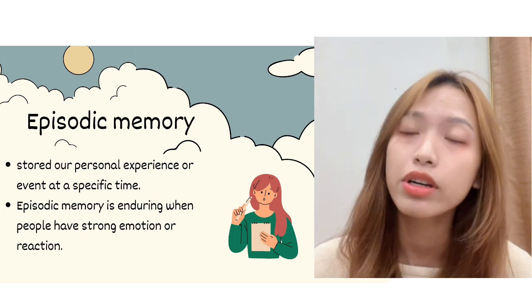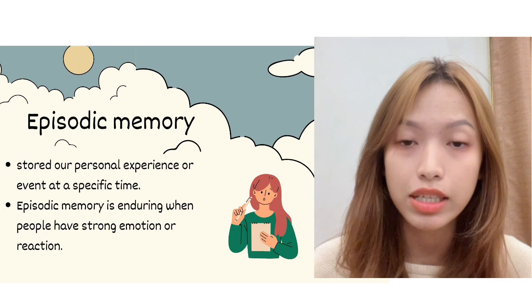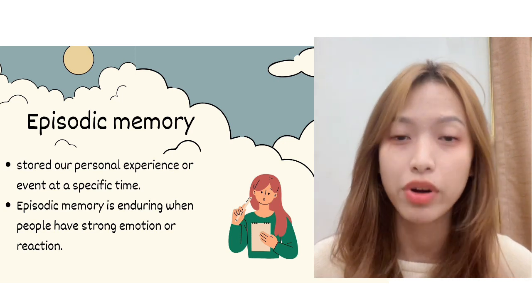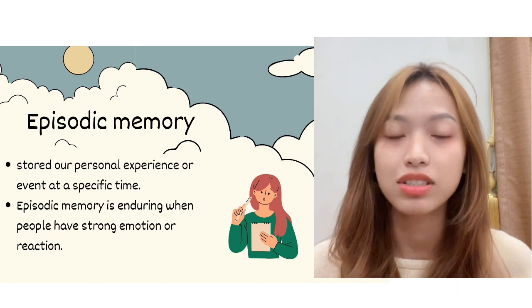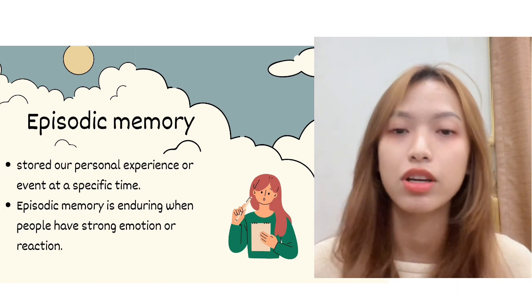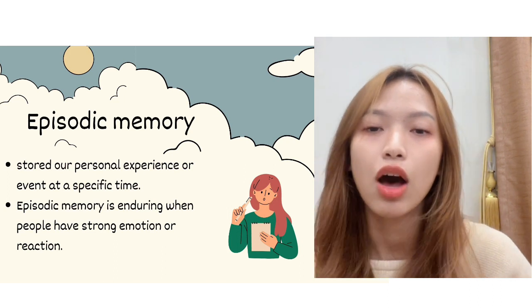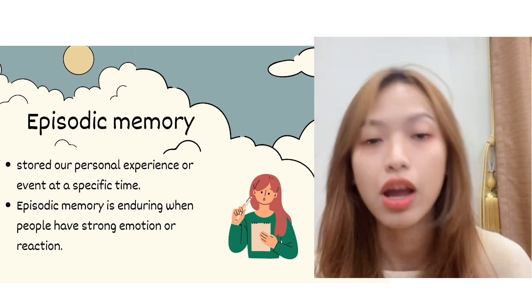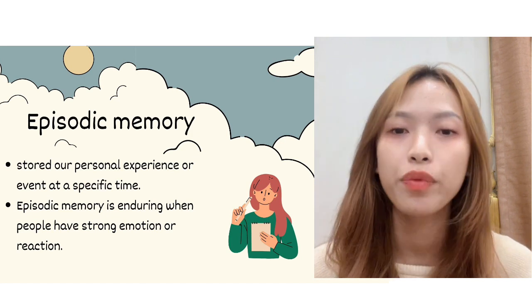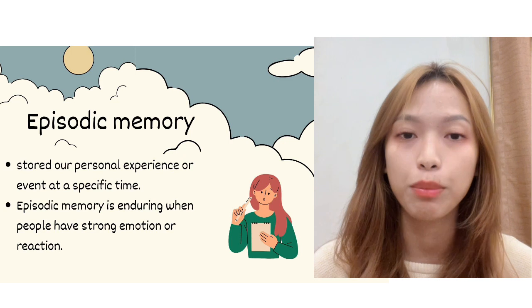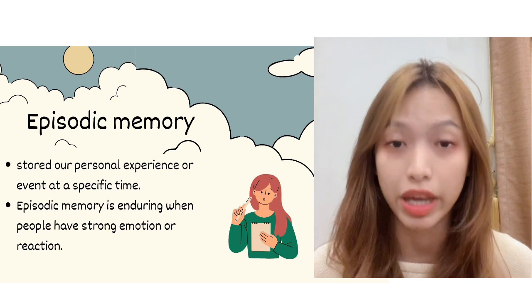Another example in learning is that you were so excited to learn new grammar like present simple last semester. So when you review it again, you start to recall what you learned with the other teacher. They are stored in your episodic memory when you have a strong emotion or strong reaction to that event.